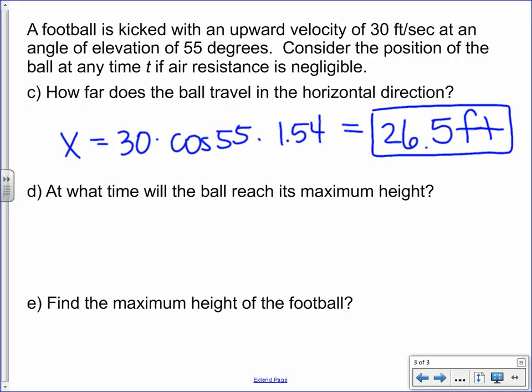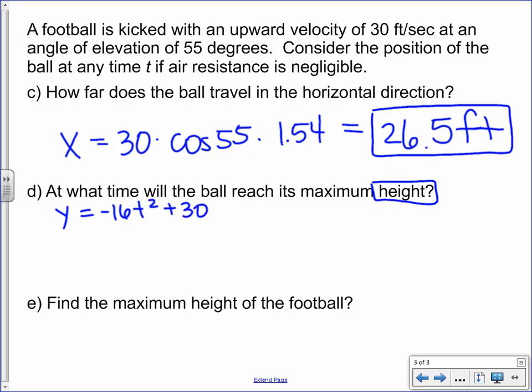Okay? At what time will the ball reach its maximum height? From our knowledge of graphs, what feature is the maximum height? The vertex. Okay. Now, we're talking about height, so we want to focus on our y equation. And I'm going to go ahead and rewrite it here.